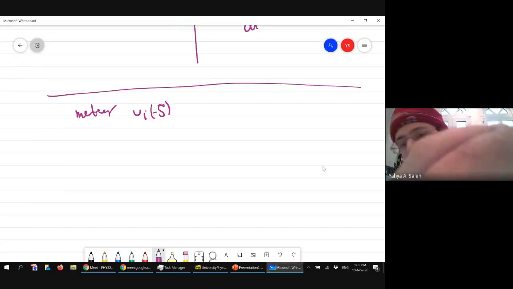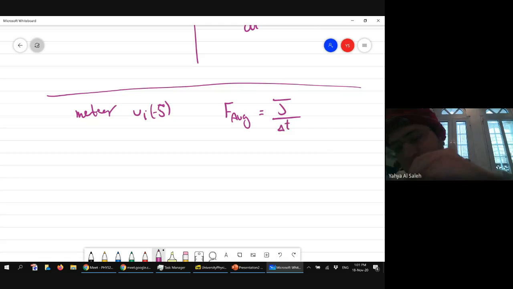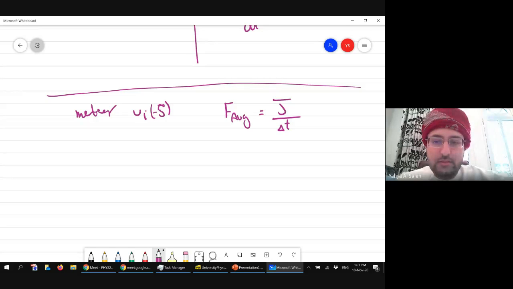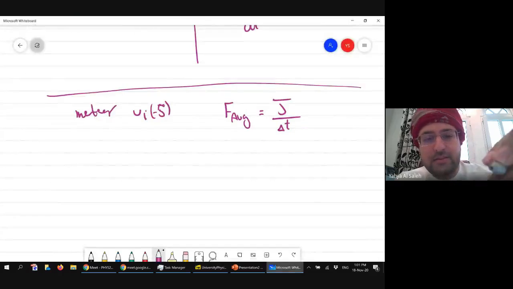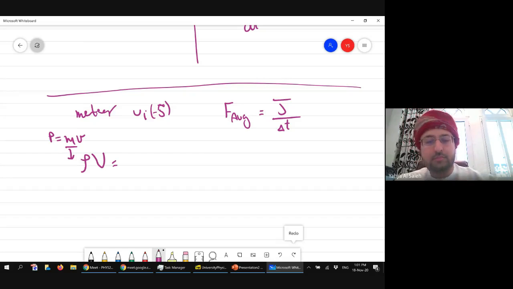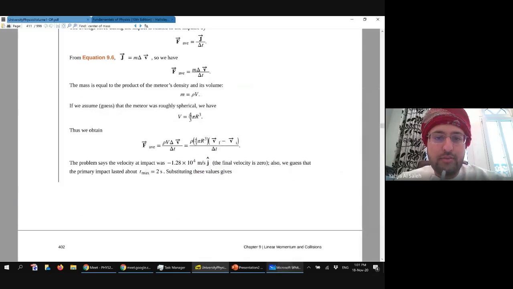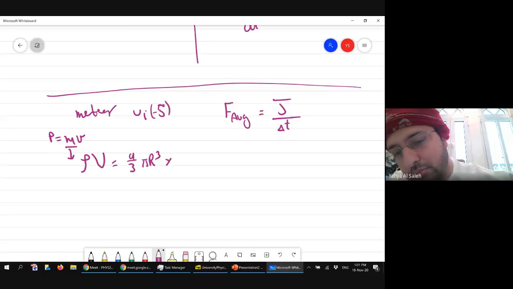My average force will be equal to J divided by delta t. Since p equals mv and I want to know what m is, it's equal to rho times volume. This is high school stuff. The volume of a sphere is 4/3 pi r cubed, times rho.